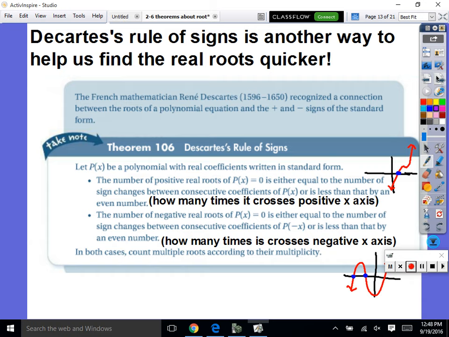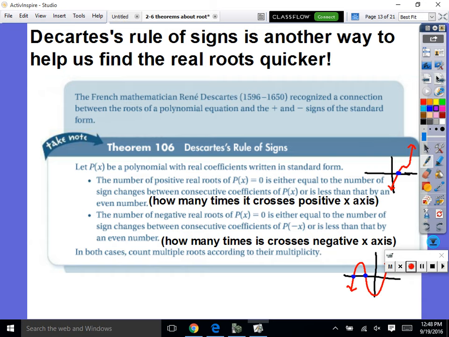So she looked at the original polynomial, and if the signs in front of the coefficients changed 4 times, then there were 4 positive real roots, 2 positive real roots, or 0 positive real roots.